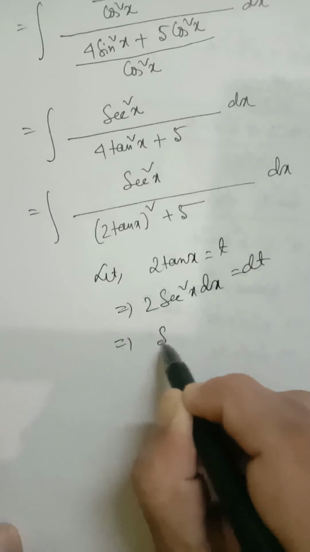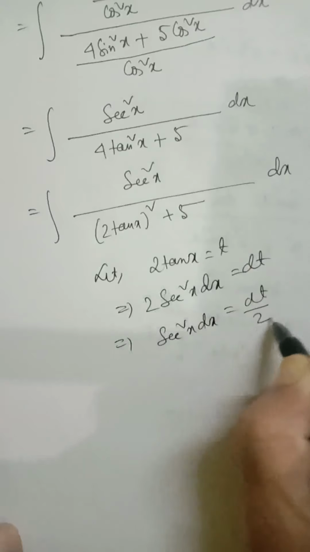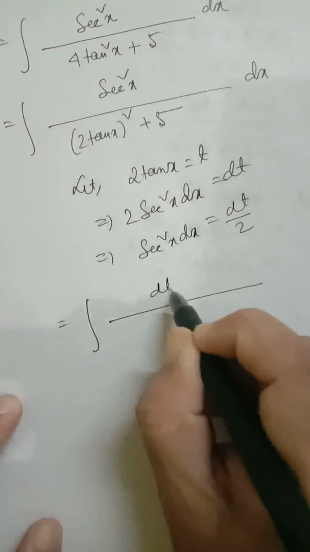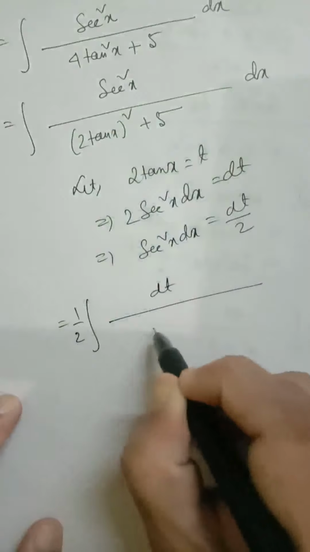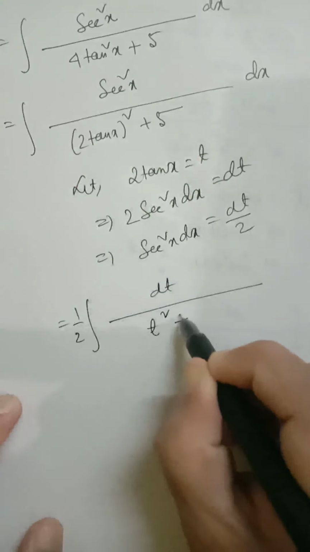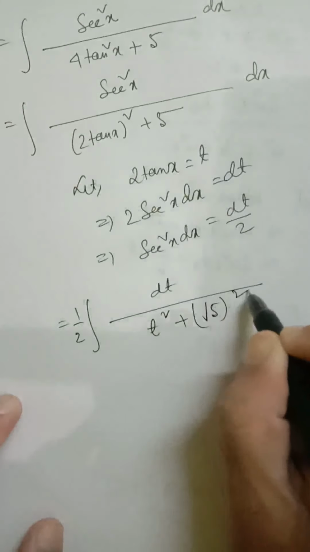So sec square x dx is dt by 2. So our given integral will change to dt by 2, and in the denominator, t square plus 5, which we can write as root 5 whole square.